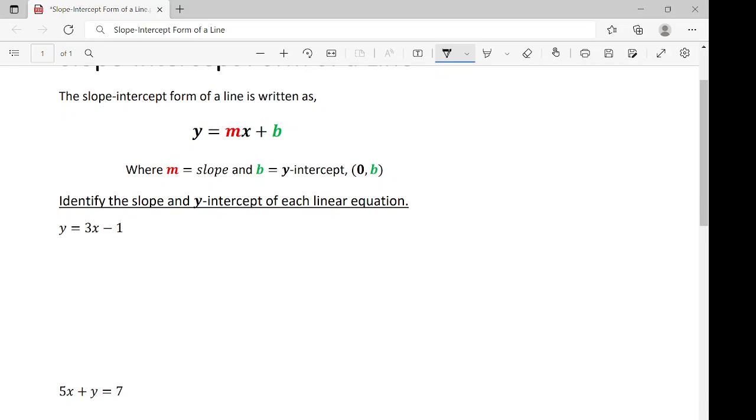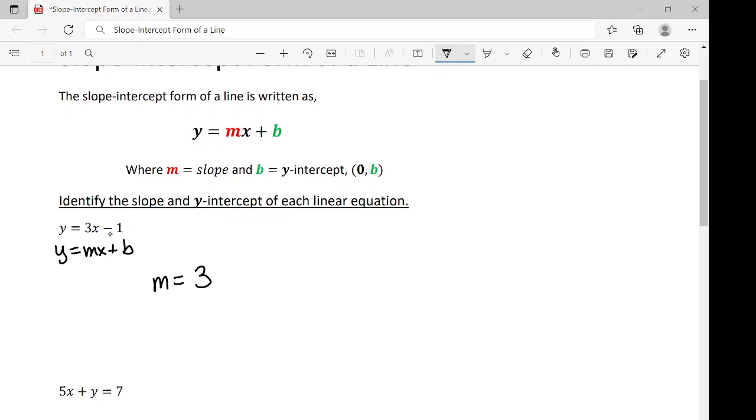So we're going to identify the slope and the y-intercept of each linear equation given. So the first one we have is y equals 3x minus 1, which is in the form of y equals mx plus b. Here we can see that the number in front of x is 3, so our slope m is 3.